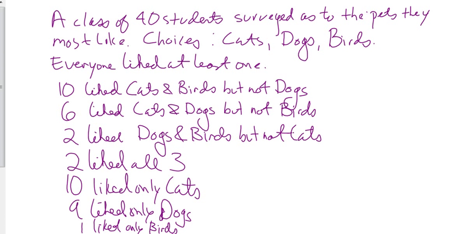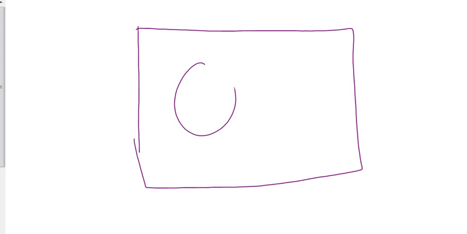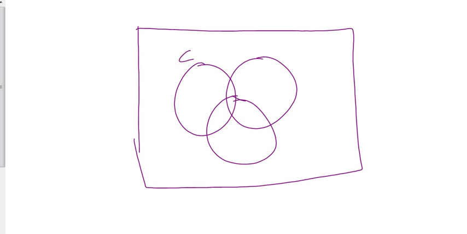Okay, what we want to do is represent these in a Venn diagram, right? Okay, so where do we start?